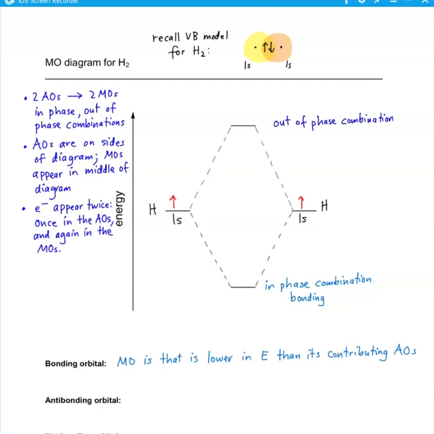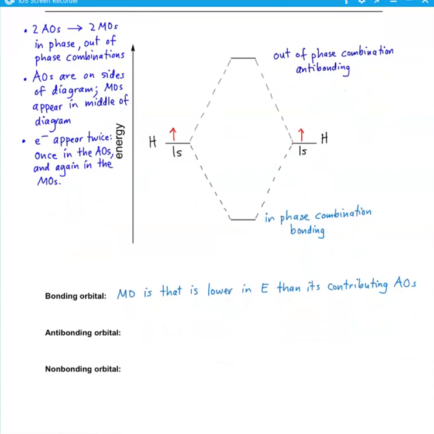And because this is a higher energy orbital than either of the contributing atomic orbitals, this is an antibonding orbital. So let's add that in down below: an antibonding orbital is a molecular orbital that is higher in energy than its contributing atomic orbitals.